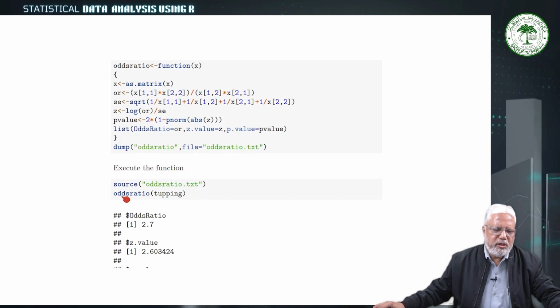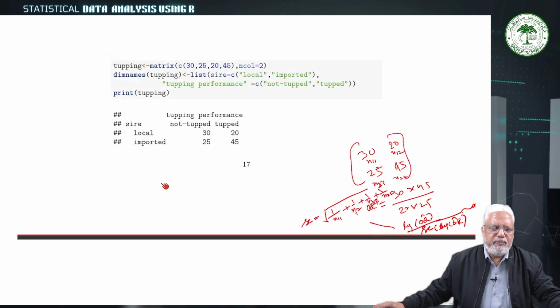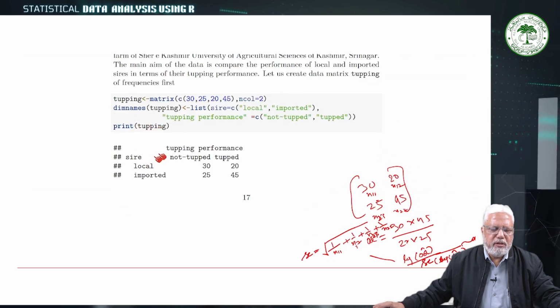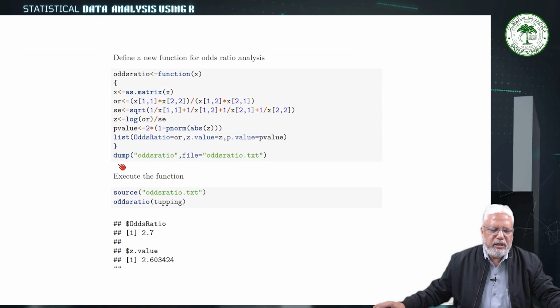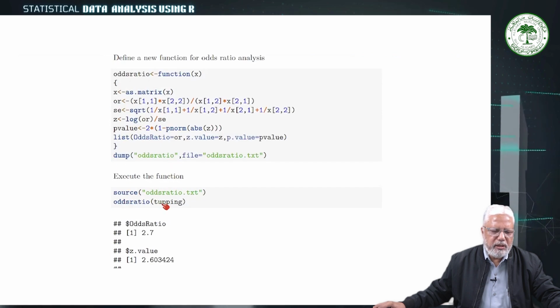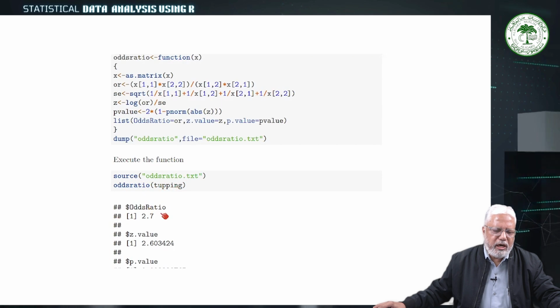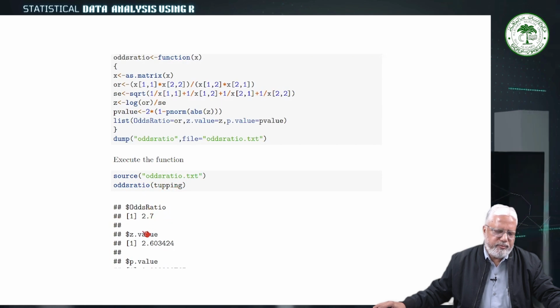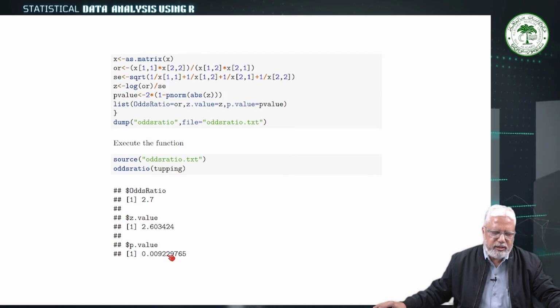Then source odds ratio, with topping as the data object. As soon as we give topping, it gives the results: odds ratio of topping performance. Odds ratio is 2.7, z value is 2.60 and p value is 0.0092.